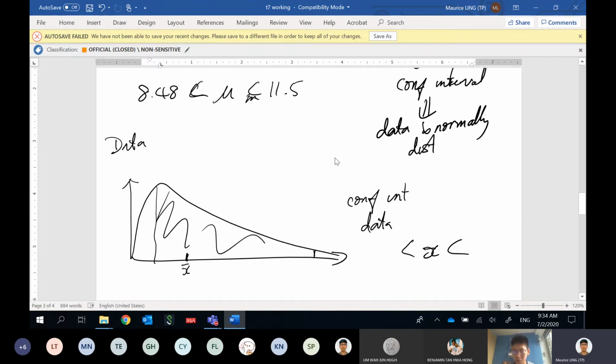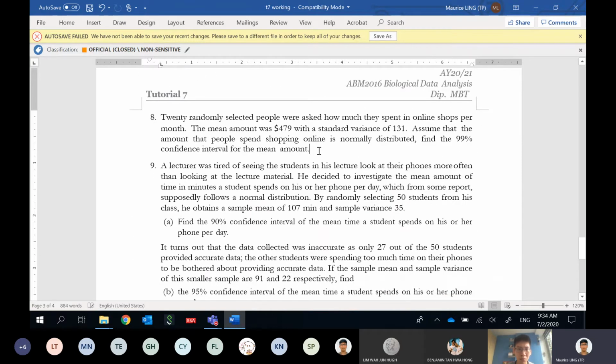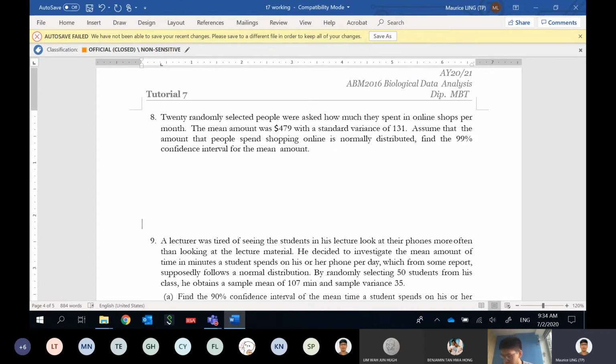Okay. Calculation wise, does anyone have any problem? So question number 8. Tracy. Before mu, do you use the t distribution or the normal distribution?